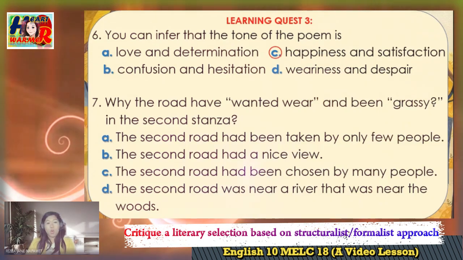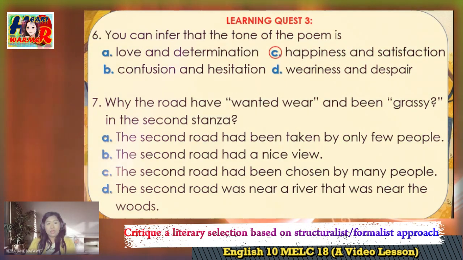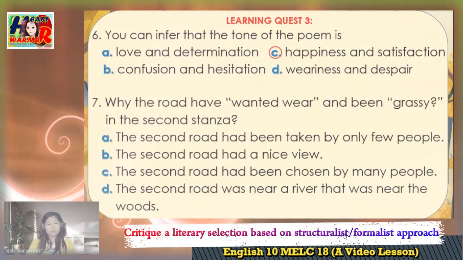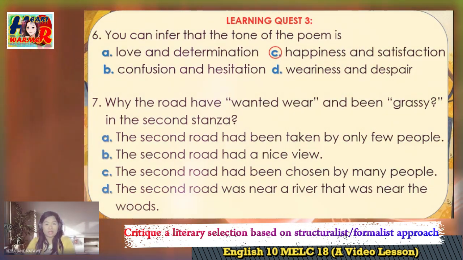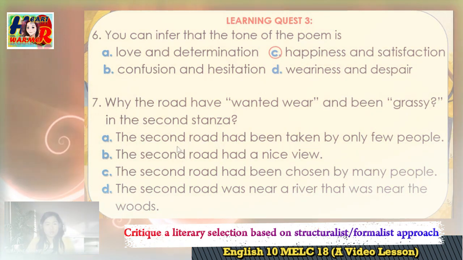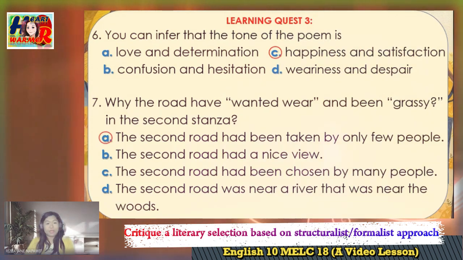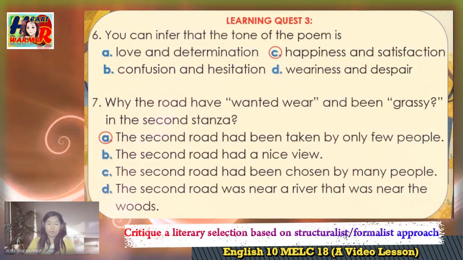Number 7. Why has the road wanted wear and been grassy in the second stanza? Again, why has the road wanted wear and been grassy in the second stanza? So, the correct answer is A. The second road had been taken by only few people.